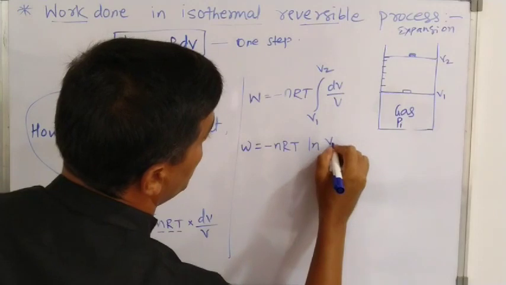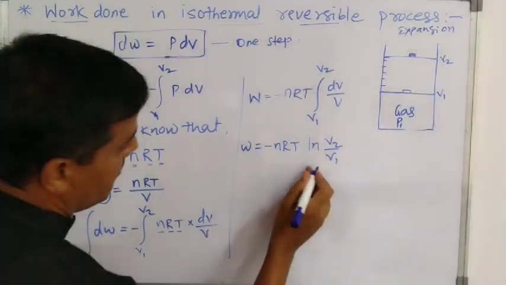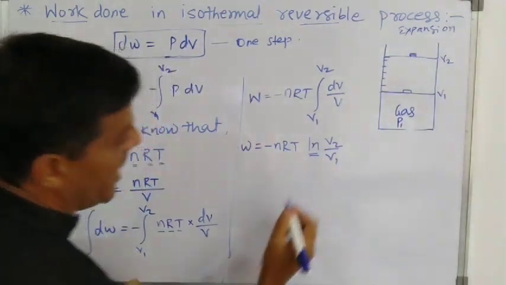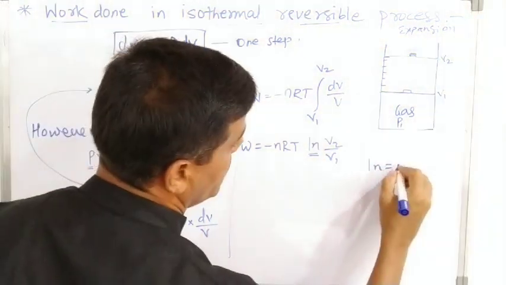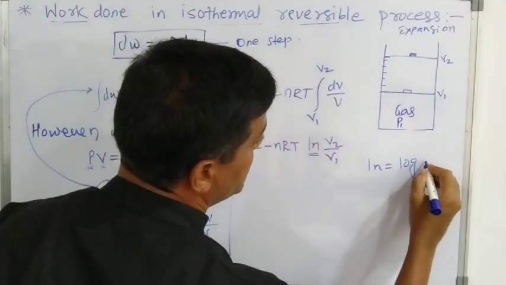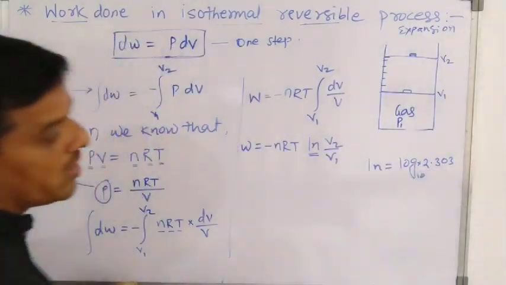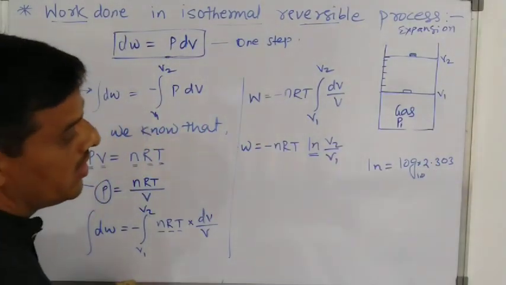V2 upon V1. Again, after simplifying, the conversion of natural log into log to the base 10 is written as 2.303 into log.